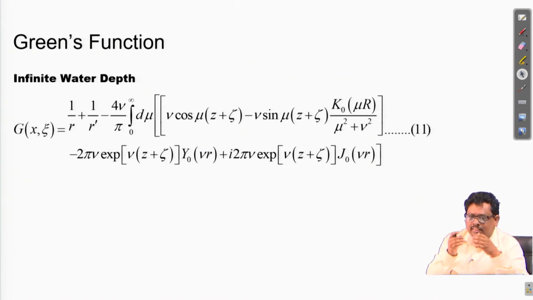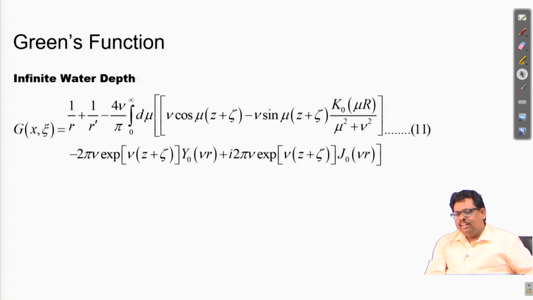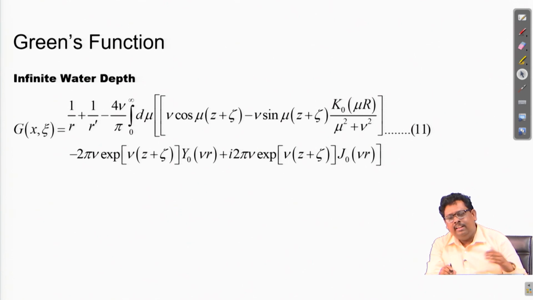If I set them correctly, like the meshing, the normal should be uniform, whether it is the outward drawn normal or inward drawn normal, based on that you have to write the code and adjust the signs, minus, plus, everything. If you do these things correctly, there is definitely a possibility that you will get better results at the end.